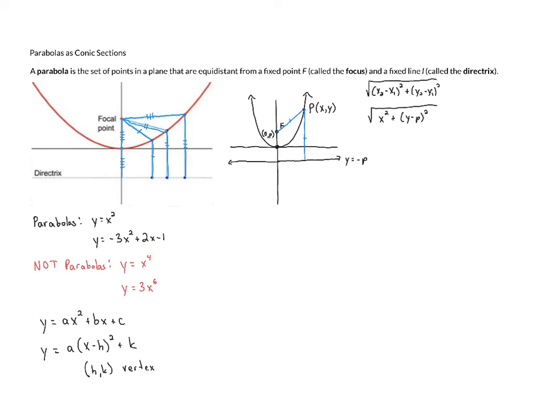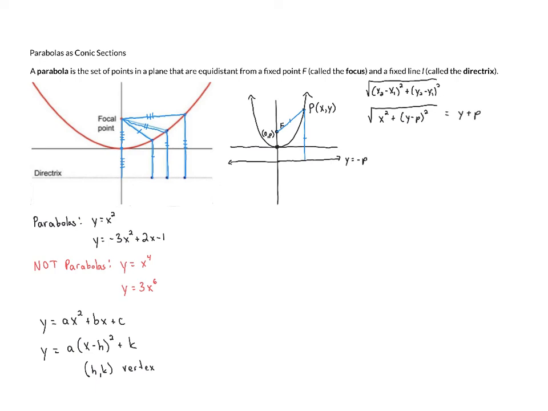And then the distance from P down to the directrix is going to be y plus lowercase p, because y is the height of this point, and then lowercase p is how far beneath the x-axis our directrix is. So this is going to be equal to y plus p.